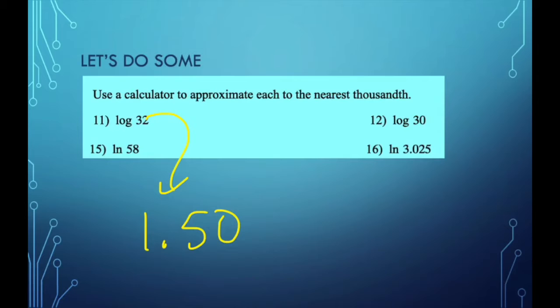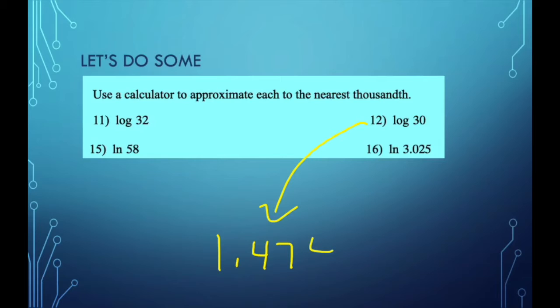These problems are very straightforward. You just have to type them into your calculator. Do log 30. It's 1.477. We confirmed that it was 477. All right, ln. Now, number 15, notice you're going to use your ln button now and not the log button. You're going to use your ln button on 58.